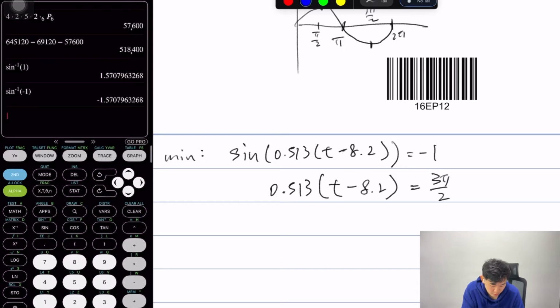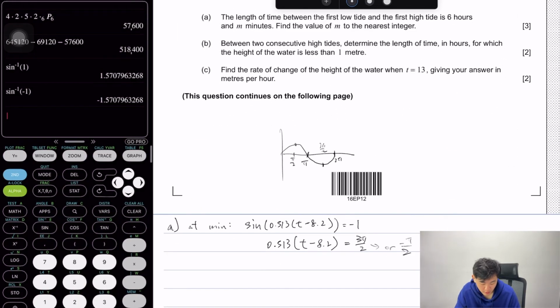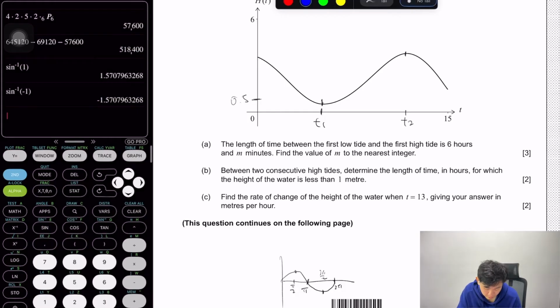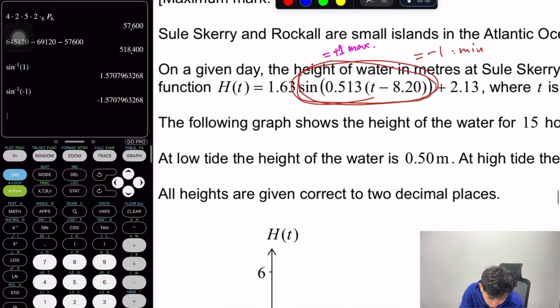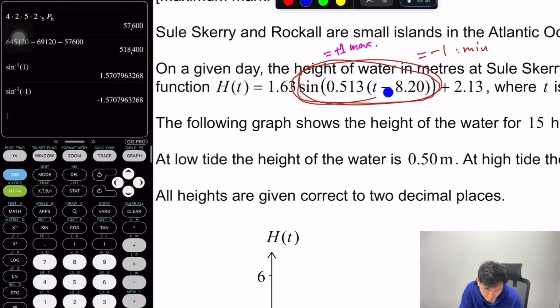Now we calculate this one. We can directly use either this value or you can use negative pi over 2. Then I have to think about this low number first, because it shifted to where? If you think a little bit, this is shifted to the right, right?